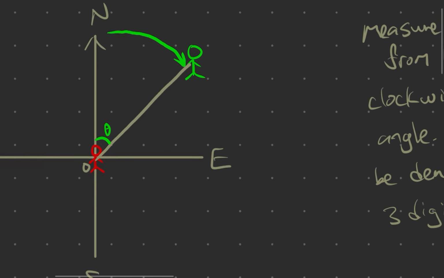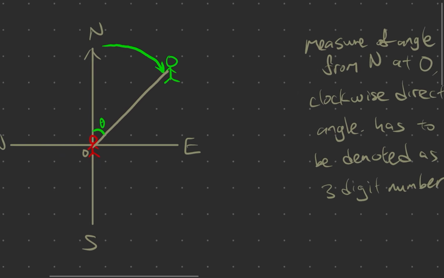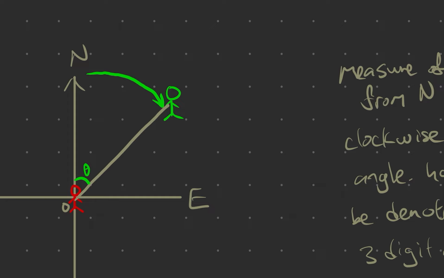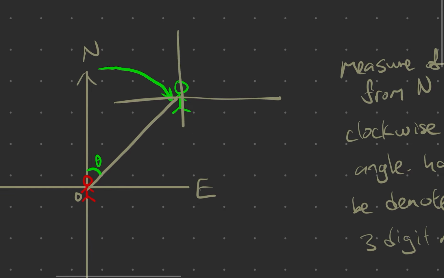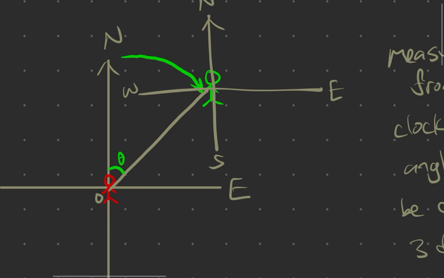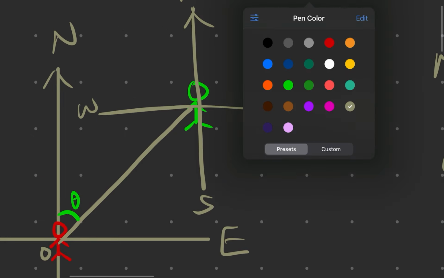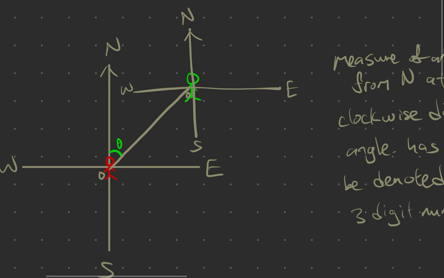So, now we found the bearing of Sally from John. Let's find the bearing of John from Sally. So then again, I'm just going to draw my cardinal directions, but this time from Sally. Alright? So now we have that. Let me erase this. This is my origin, my other origin now.